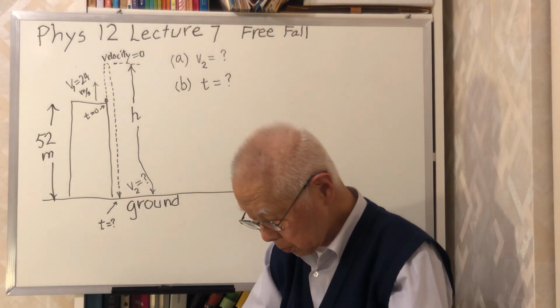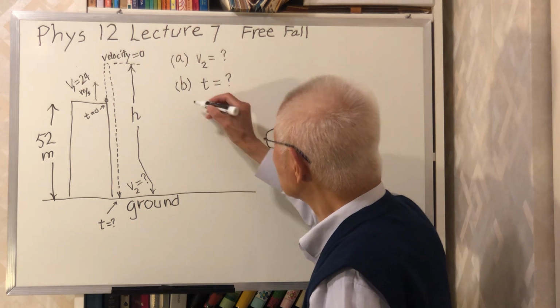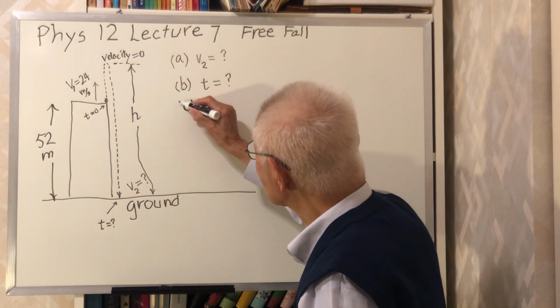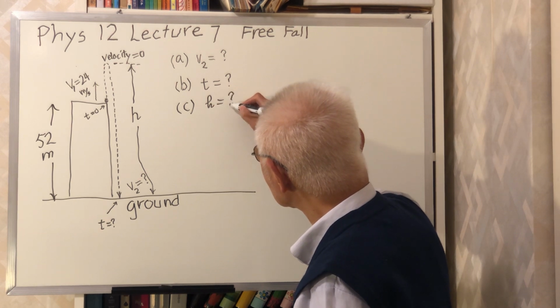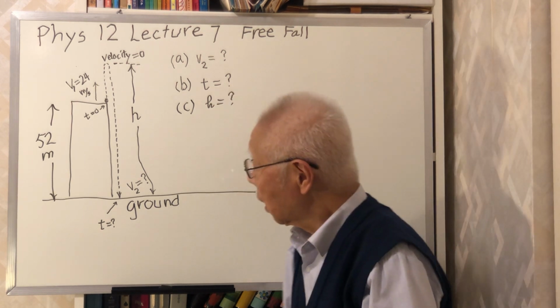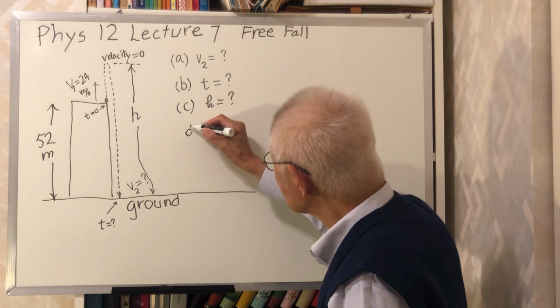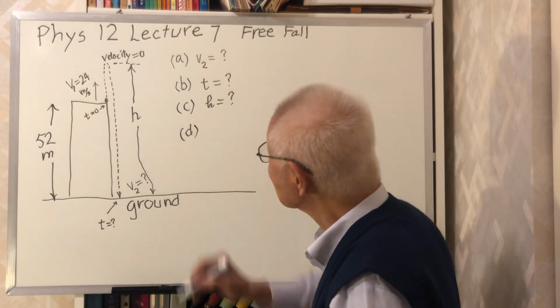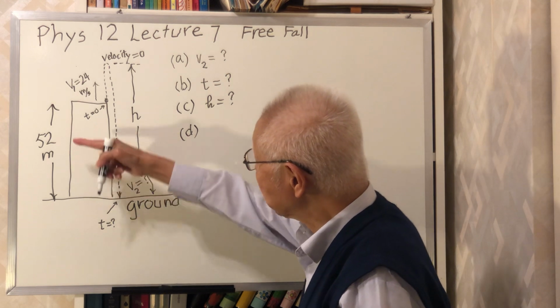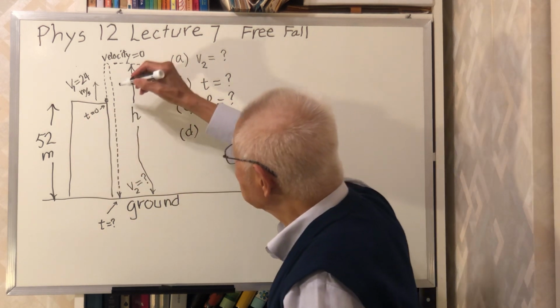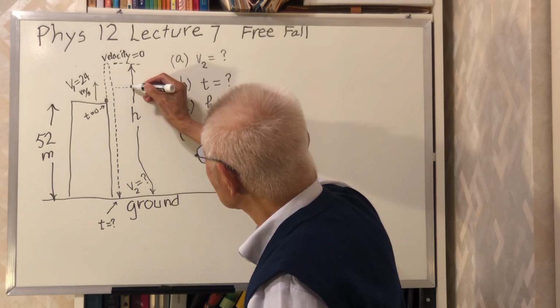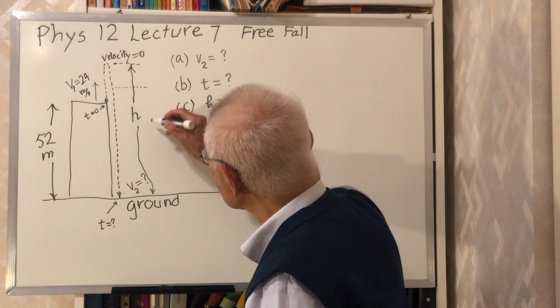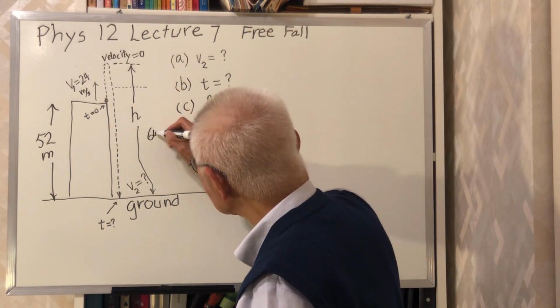That's part C. H is what? I have another part. So this is 52 meters. So somehow there is a height, 60 meters, right? 60 meters.